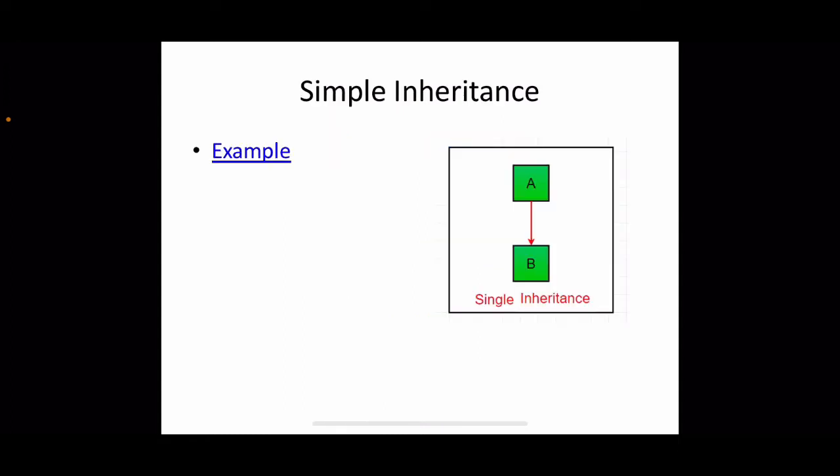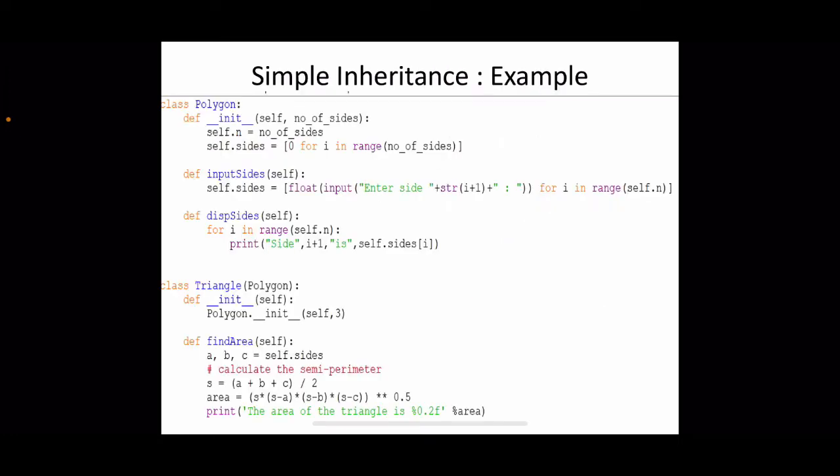Now let us see each one in detail. First one is simple inheritance. There will be a direct parent class from which the child class inherits different properties or methods. So we can see an example for that. We have a polygon class. Of course, polygon is a general class, right? Different types of polygons are there, like triangle, rectangle and everything.